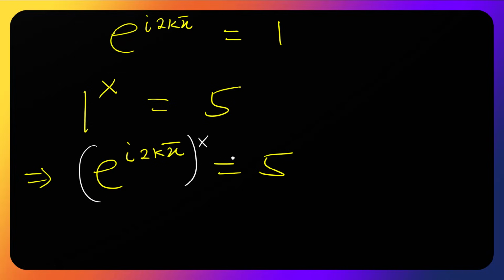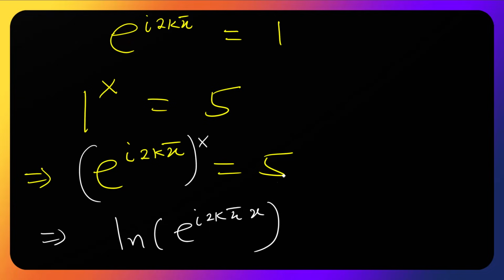From here, we can take log on both sides, or we can use ln. So we have ln of e raised to i 2k pi x equals ln of 5.